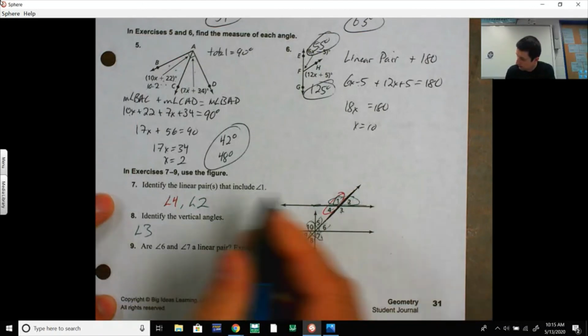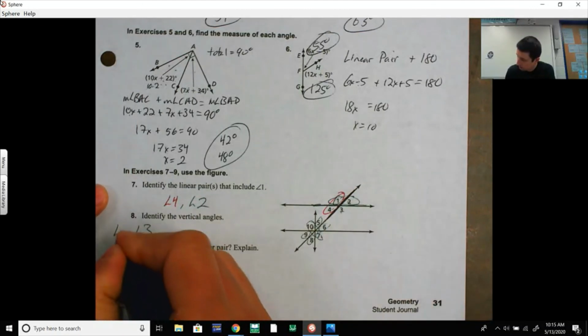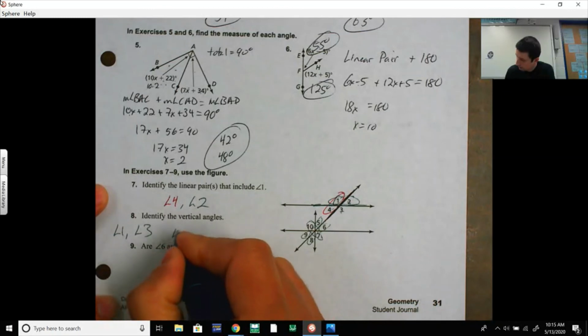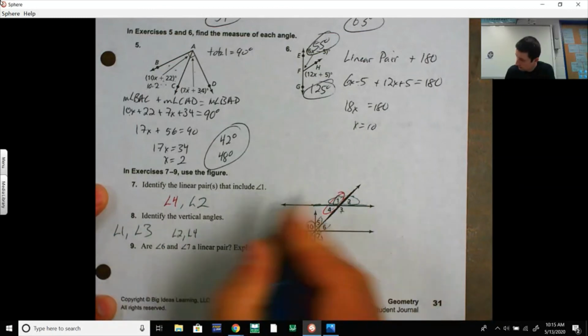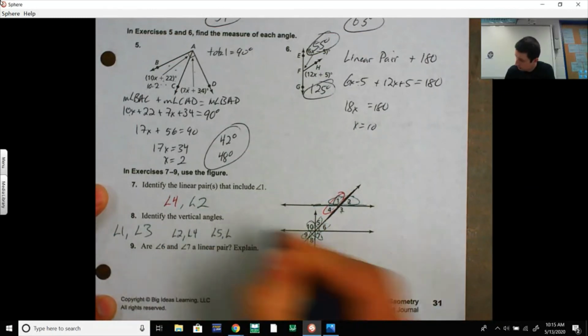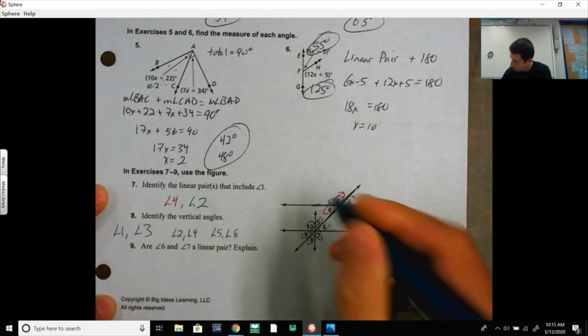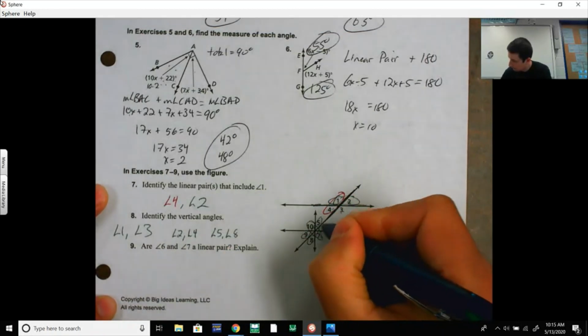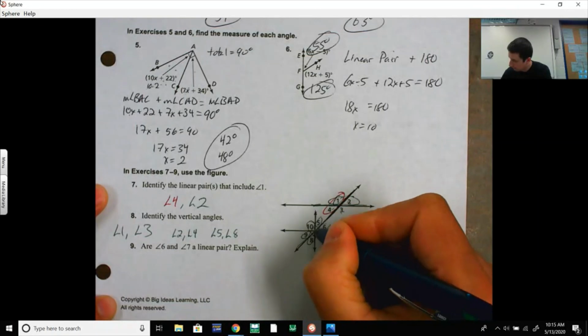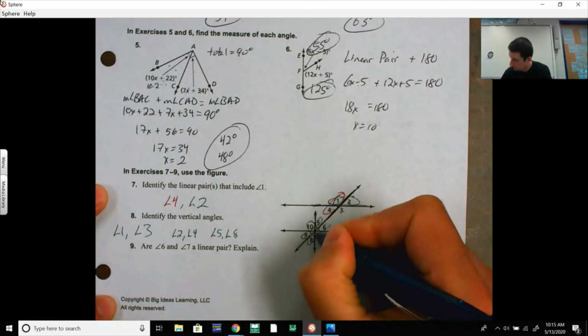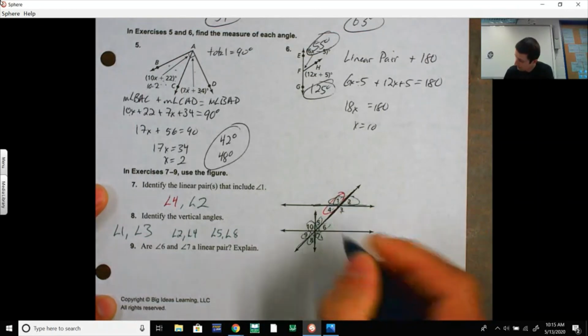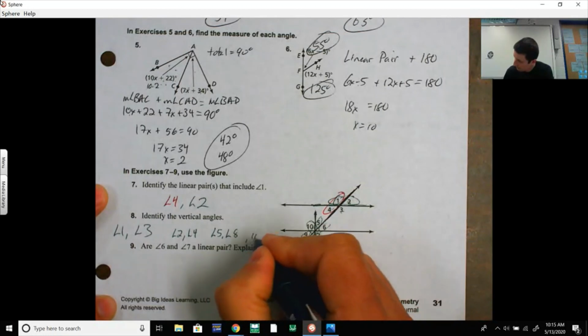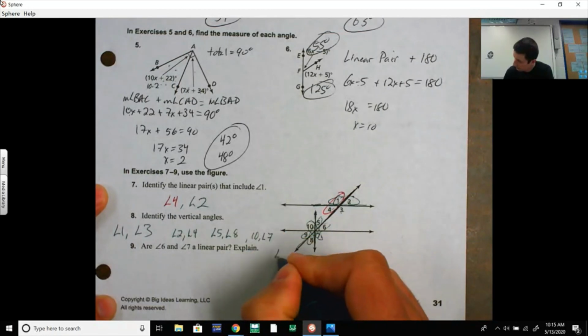Okay? So if we're going to list all of these, we could say angle 1 and angle 3, angle 2 and angle 4, angle 5 and angle 8. Okay, I want you to see that. The two lines that form 5, if I cross that all the way through, I'm going to see the angle that's opposite it. Angle 10 and angle 7, and then angle 9 and angle 6.